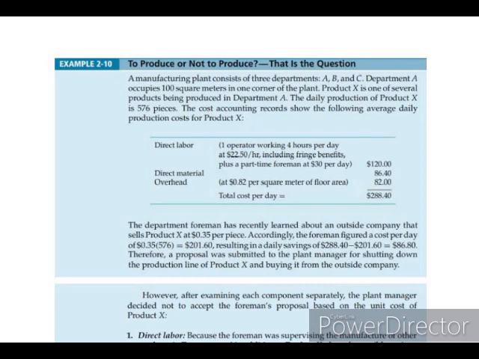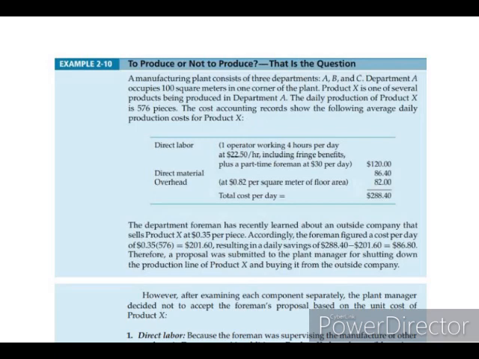The department foreman has recently learned about an outside company that sells Product X. So there is a company that sells the same product the former company is making. That other company makes Product X at $0.35 per piece. Accordingly, the foreman figured a cost per day of $0.35 multiplied by 576, because 576 is the number of pieces of Product X to be produced.